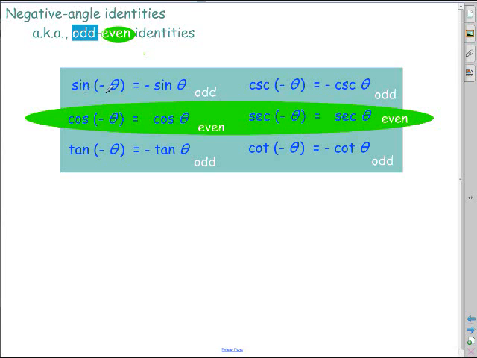So for your odd functions, this will be true. For your even functions, it's even easier, right? Just these two. No matter if you put in a negative angle or a positive angle, they are equal to each other. So for the odd ones, you have this change going on. The sign is changing. And for the even ones, so simple, huh? Make that a smile.